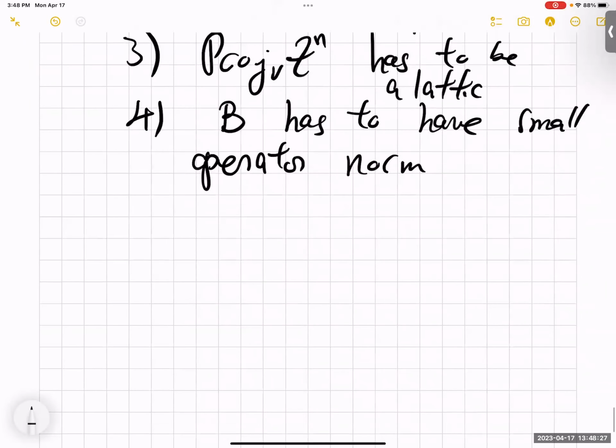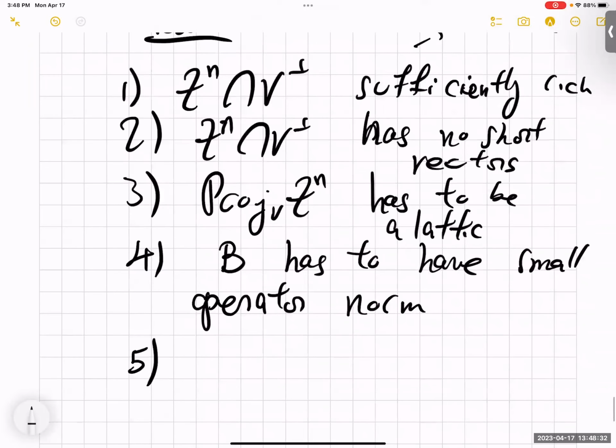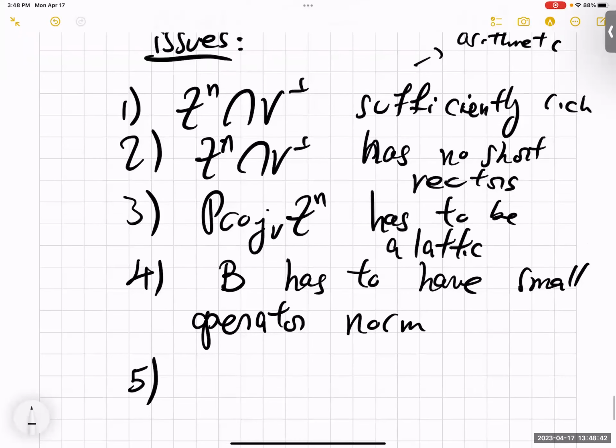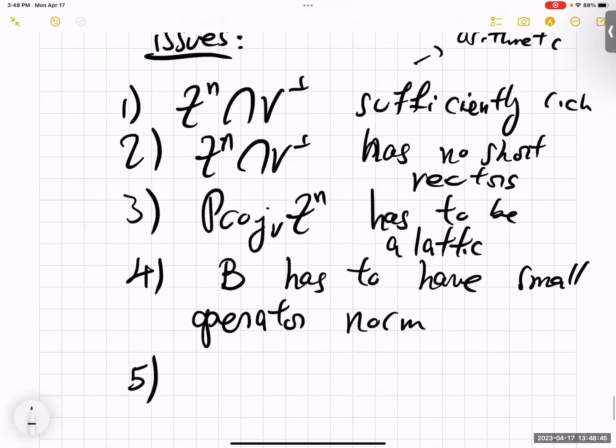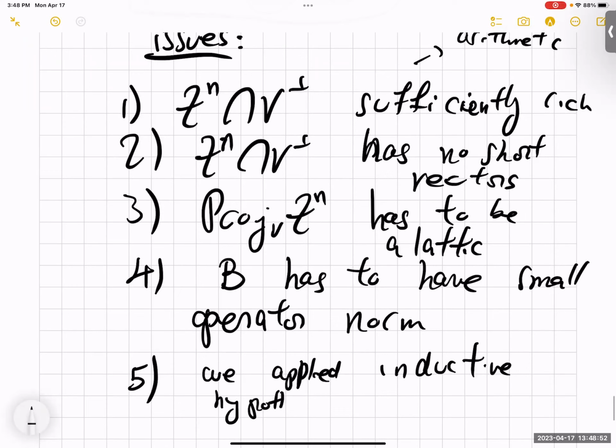Okay, and 5. There's a huge issue here, which is I wanted to apply induction, but I applied the inductive hypothesis to what? We applied the inductive hypothesis to the lattice, what was it? B times the orthogonal projection, which was inside R^n.